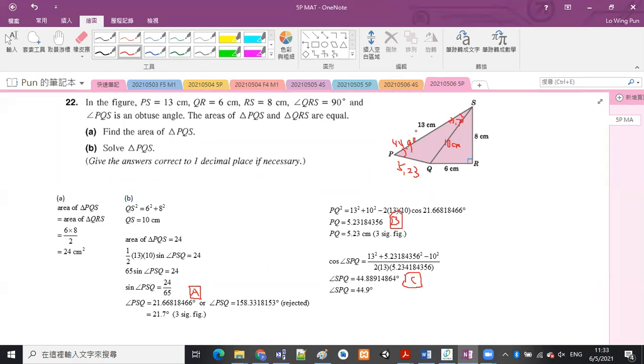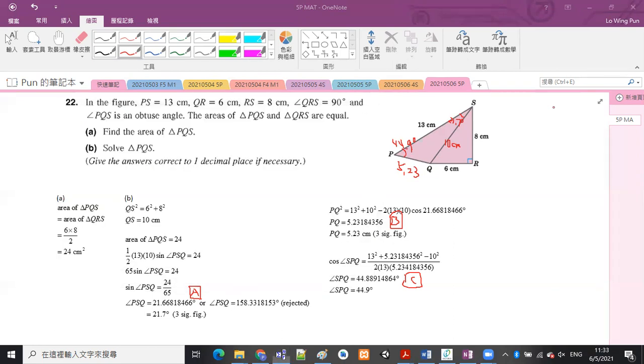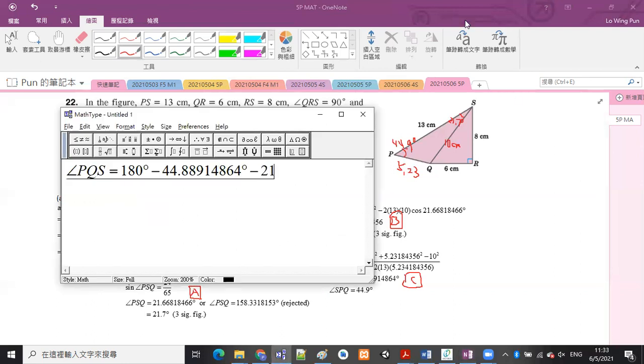So angle PQS is equal to 180 degrees minus 44.88914864 degrees minus 21.66818466 degrees.